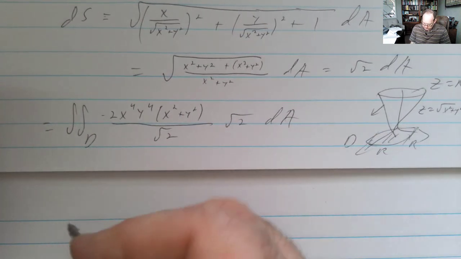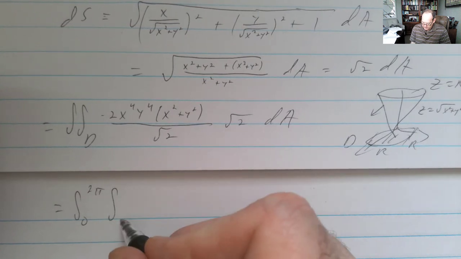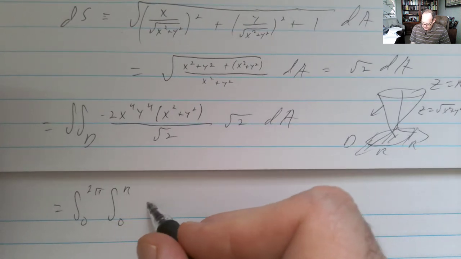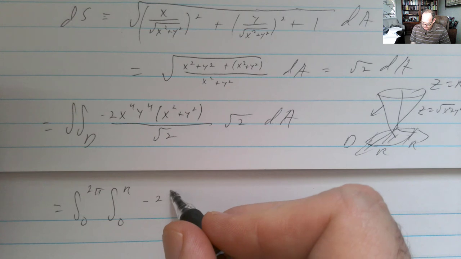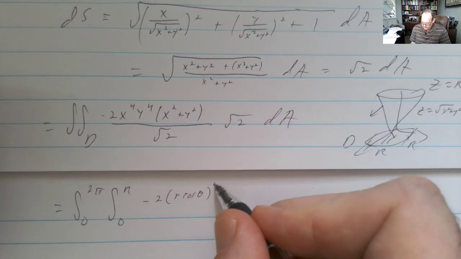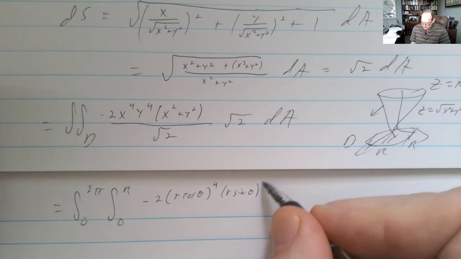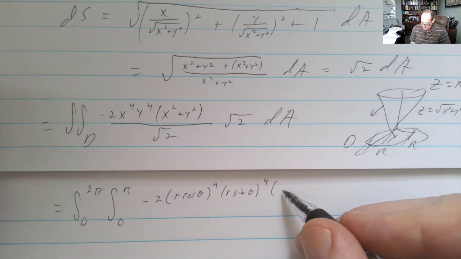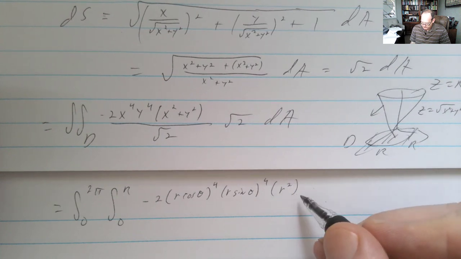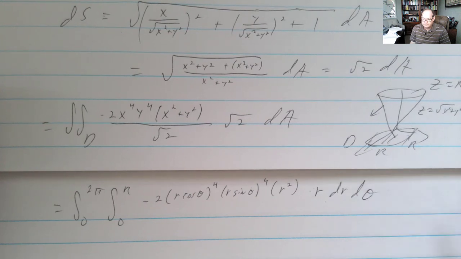So in polar, theta goes 0 to 2 pi, r goes 0 to r, negative 2 r cosine theta to the fourth, r sine theta to the fourth, r squared, then times r dr d theta.